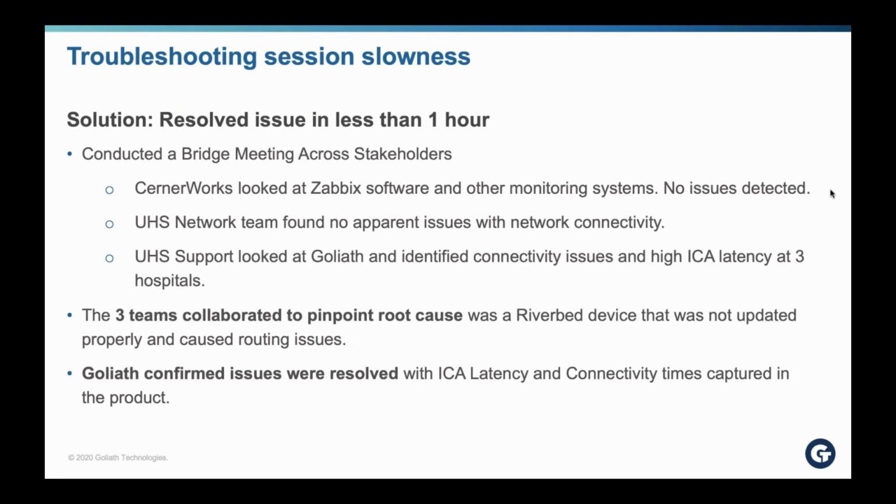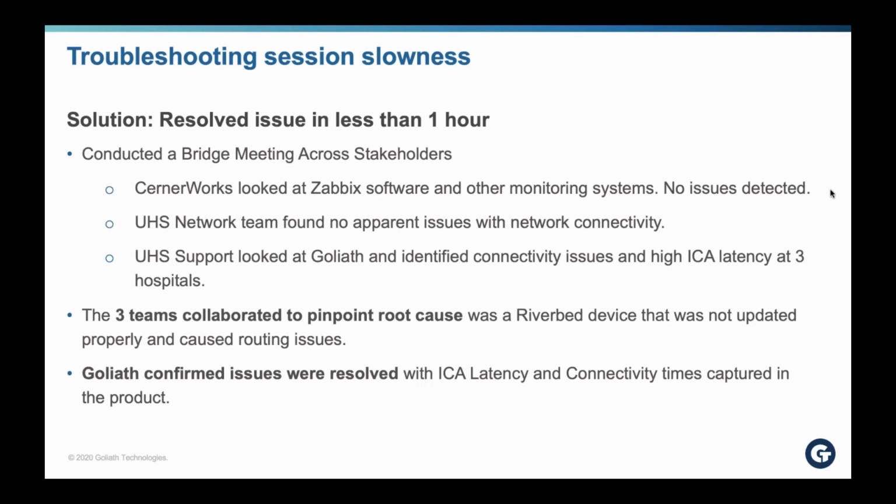The network team at those different facilities also went through their different tools and didn't find any issues. But when UHS looked inside of Goliath, what they were able to identify was actual latency between the XenApp servers in Cerner RHO and the users that were logging in from those different hospitals. Those hospitals had an interconnected network, so they were all on the same network logging into Cerner, and they were able to identify those latency issues.